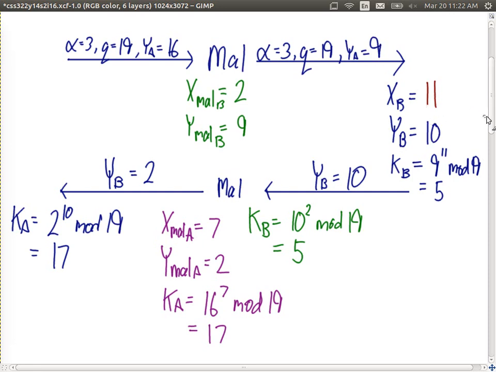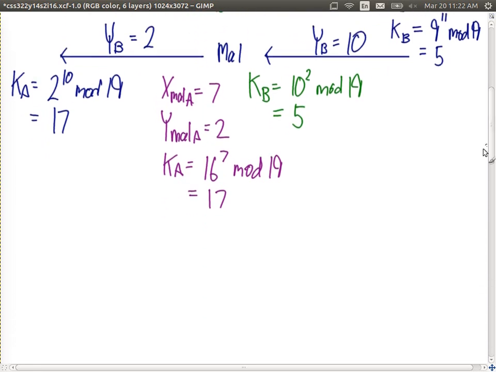So that's the key exchange, but how is it useful? Let's say we now encrypt a message with some symmetric key cipher. For example, we encrypt using key 17 some message and send that ciphertext.